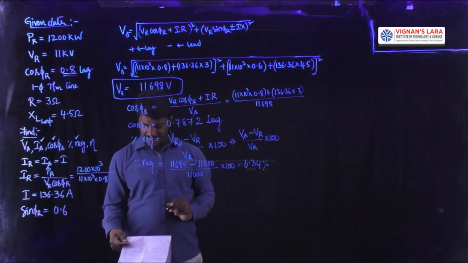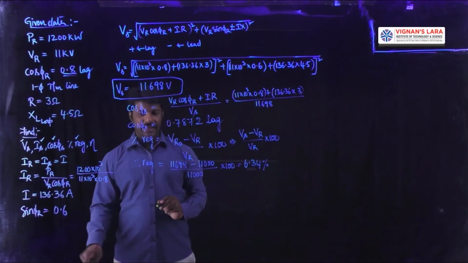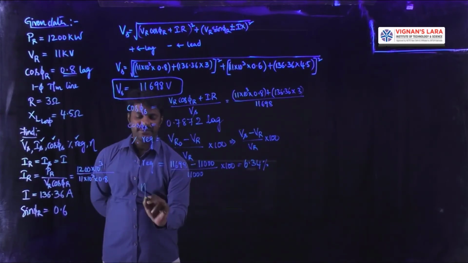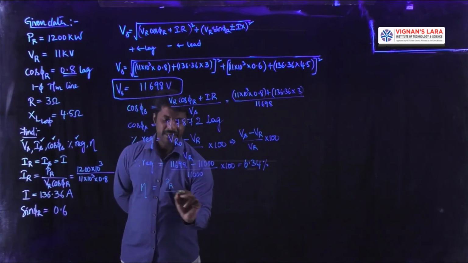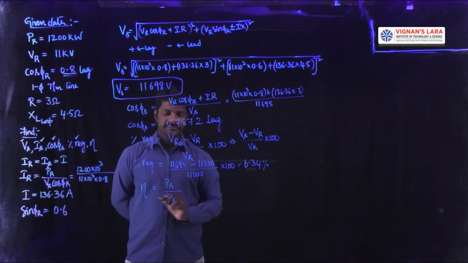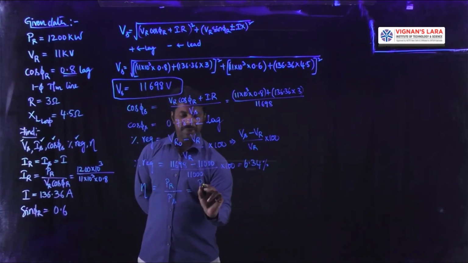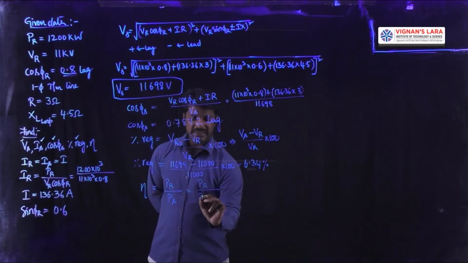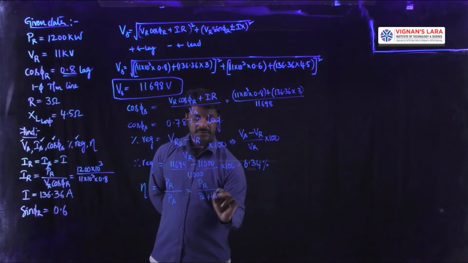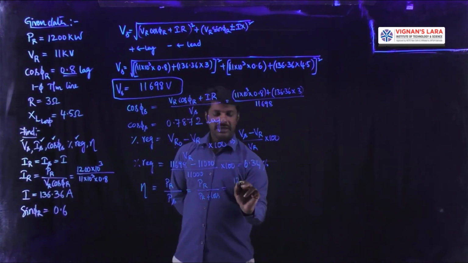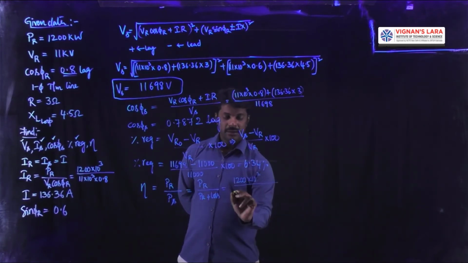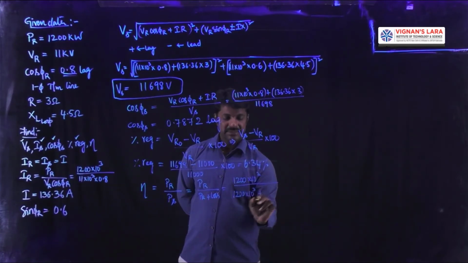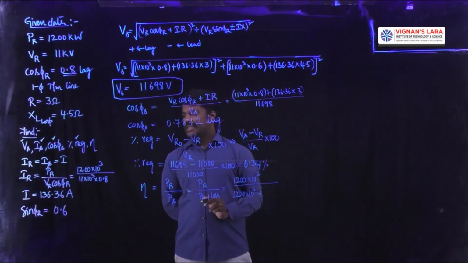Okay. And coming to efficiency, how to calculate the efficiency? The efficiency of the transmission line is equal to receiving end power divided by sending end power, PR by PR plus loss, which is equal to 1200 kilowatts, the receiving end power, divided by 1200 into 10 power 3 plus the losses I square R. What are the I square R losses?